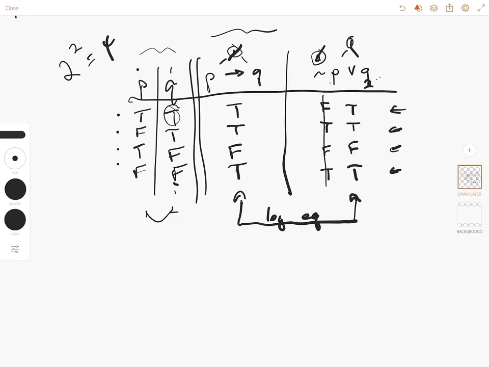Now, let's talk about the connection between logical equivalence and material equivalence, that operator we talked about at the beginning of this tutorial. Let's take our two expressions, P implies Q and not P or Q. We already know that these two expressions are logically equivalent. So what happens when we place the material equivalence operator between these two expressions?